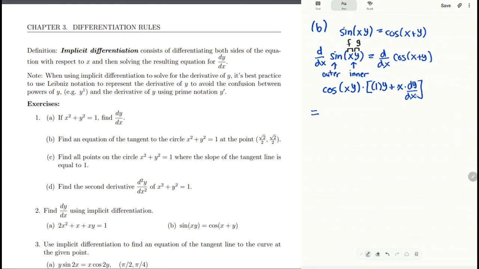Again, we use the chain rule to differentiate this function. The derivative of cos is negative sine. We leave the inner function unchanged, which is x plus y, and then we multiply by the derivative of the inner function. So the derivative of x with respect to x is 1, plus the derivative of y with respect to x, which is dy over dx.